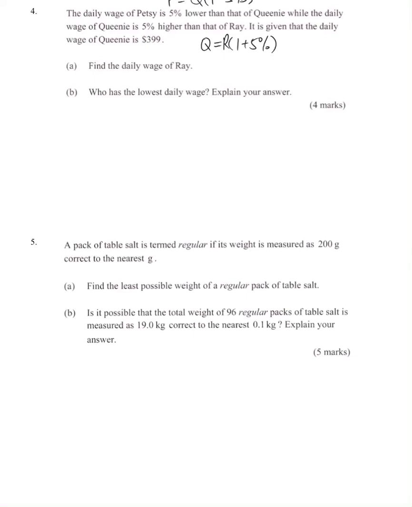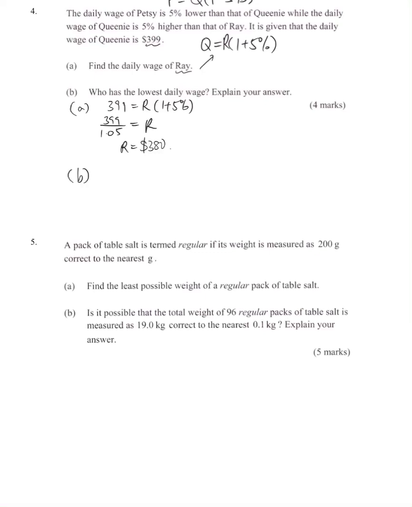So that's what we know, and we know Queenie's wage is $3.99, and we are asked to find Ray's wage, so that means we will be using the second equation for part A. So Queenie's wage $3.99 is going to be equal to Ray's wage times 1 plus 5%, and therefore we can get the answer if we divide the 399 by 1.05, which is 380. So Ray's wage is 380.